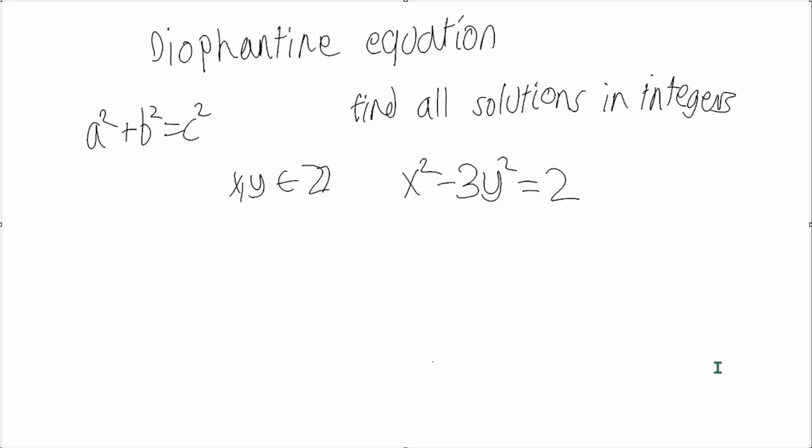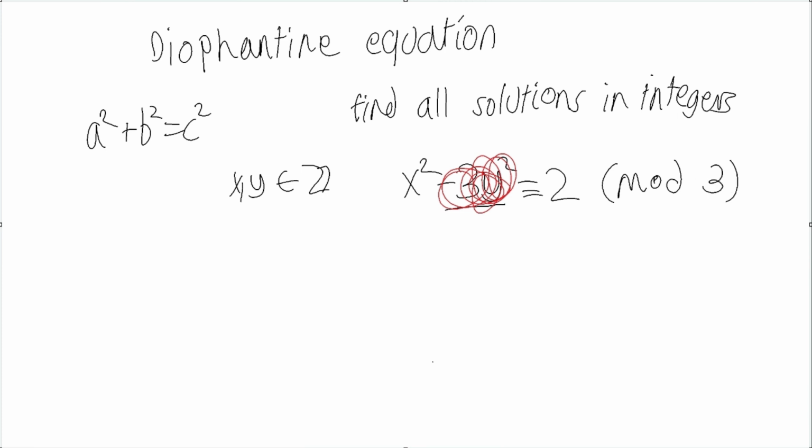Based off of the ideas from earlier, we can try taking modulo numbers to make the equation simpler to analyze. In this case, because this term here is super annoying, we want to take modulo 3 to get rid of it. So if I remove it, we get x^2 ≡ 2 mod 3.